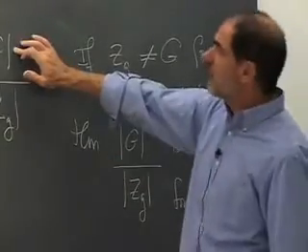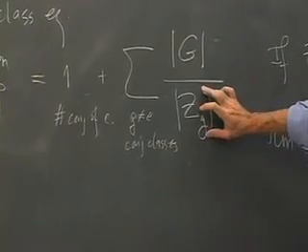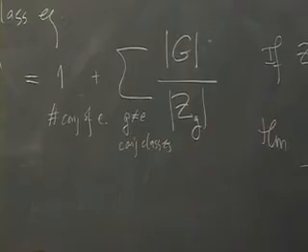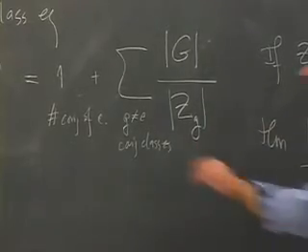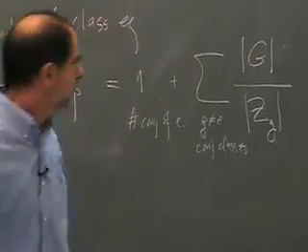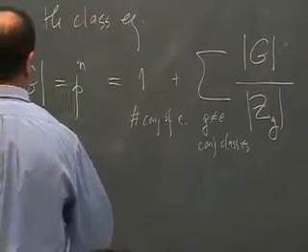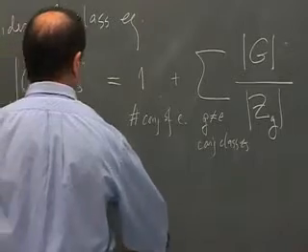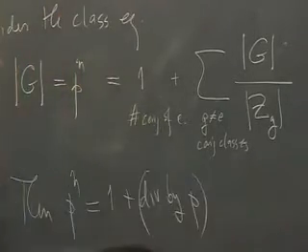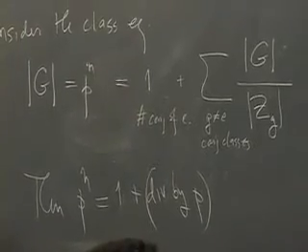Because this is some power of p, this is some smaller power of p, so you're left with a power of p dividing the quotient. But that's ridiculous, because that would say that p to the n is 1 plus a number divisible by p. Because the sum of numbers divisible by p is itself divisible by p.